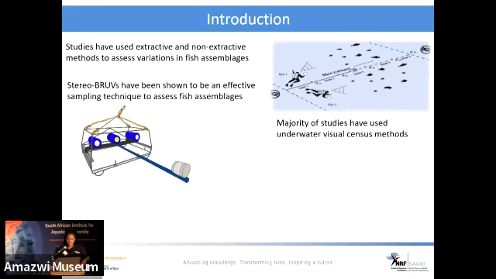Over the past years, baited remote underwater stereo video systems have been shown to be an effective sampling technique to assess fish assemblages on both temporal and spatial scales across a range of different habitats. Stereo BRUVs provide opportunities to limit some of the biases posed by UVC, such as accurate estimates of lengths and also sampling in deeper depth zones, which is restricted by scuba diving when it comes to UVCs.